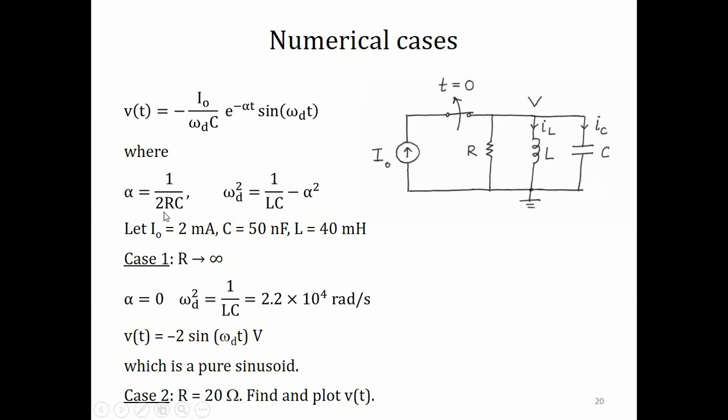If R is infinite, alpha becomes 0, the exponential term becomes 1, and this goes away. Alpha becomes 0, omega d is 1 by root LC, and so V of t is minus 2 sine omega d t. It is a pure sinusoid.